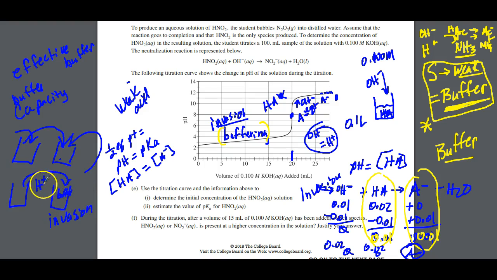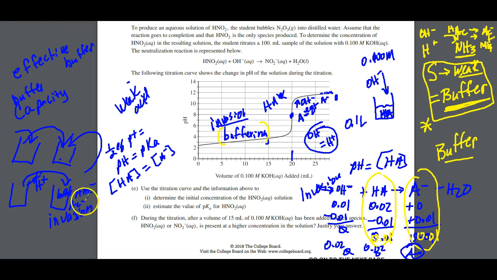Now, let's think about this. If I have in here HAc and Ac minus, let's pretend that's our buffer. Which one of these is this thing going to react with? I sincerely hope that you said the Ac minus.